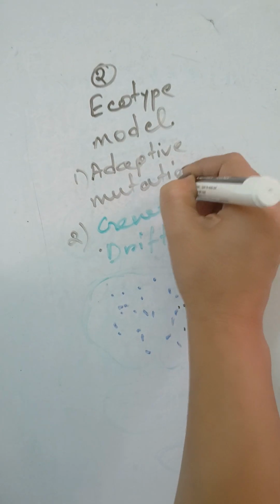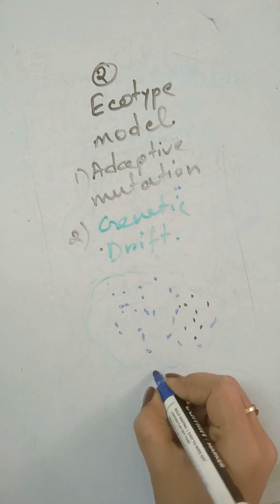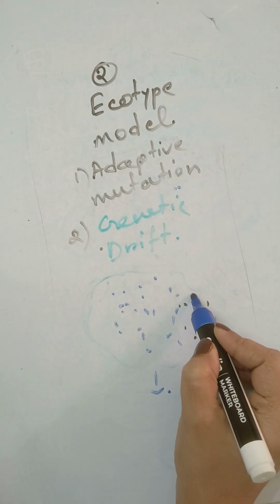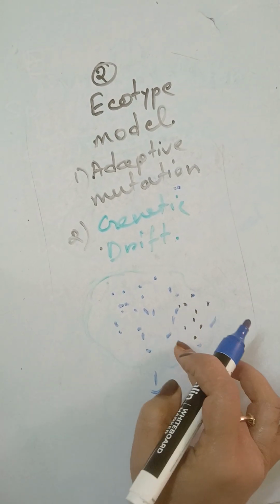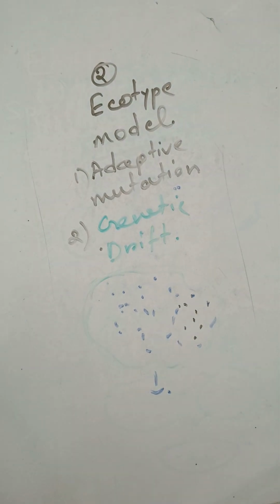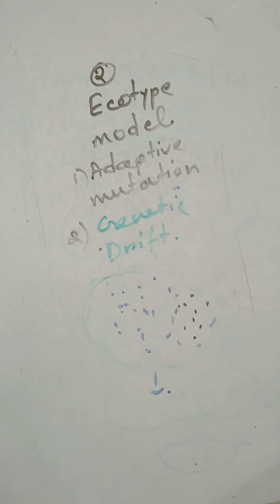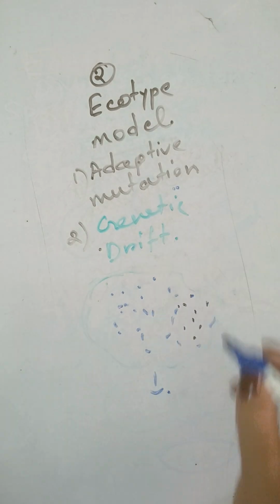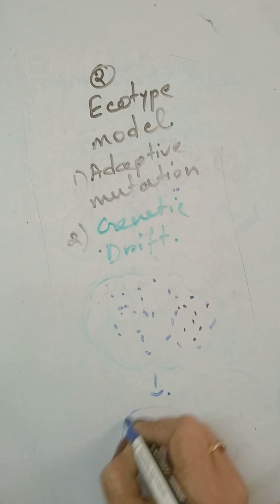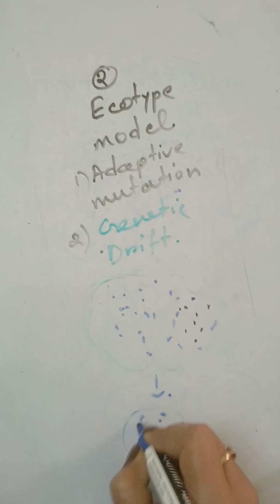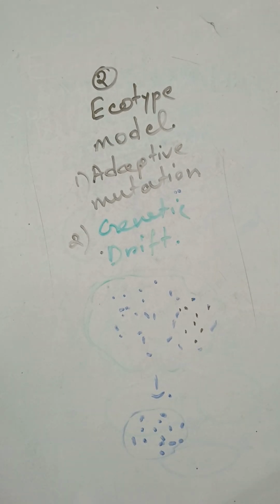And due to this adaptive mutation, what happens? The organisms which don't have any kind of mutation or evolution obviously become lost from their population. So only after genetic drift and adaptive mutation, what happens? Genetically modified organisms remain in that population.